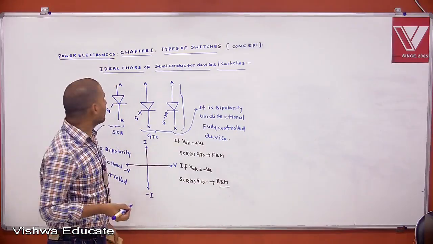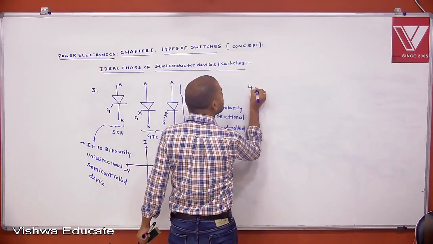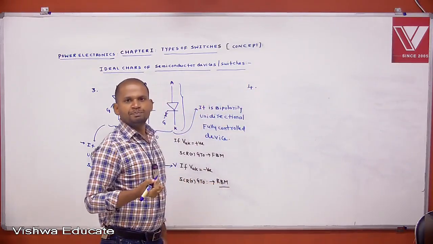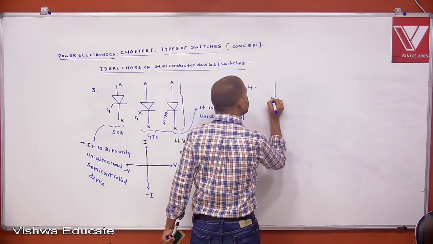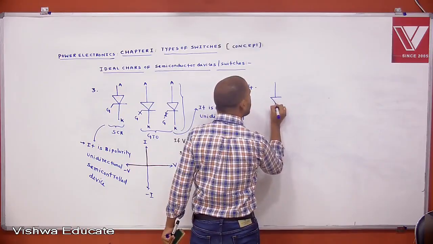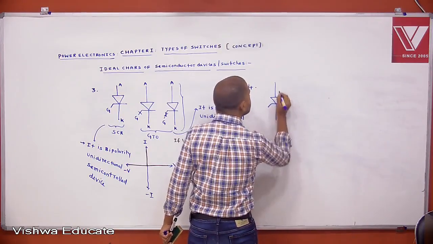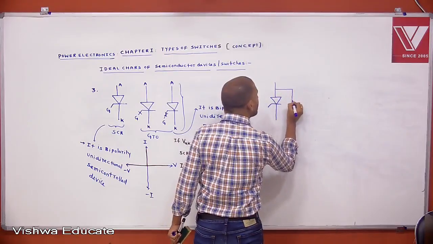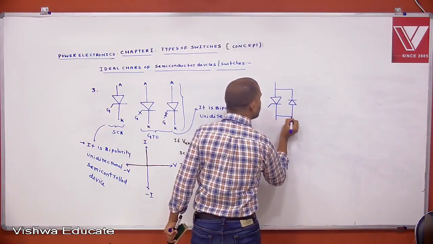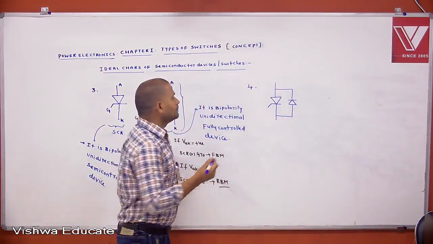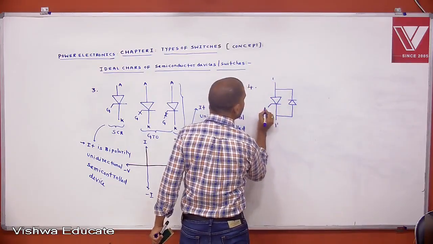Next, you draw the ideal characteristics of this device. If it is given like this, a thyristor with anti-parallel diode, let this be 1 and 1 dash, and this is the gate.